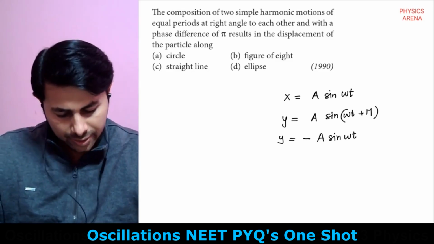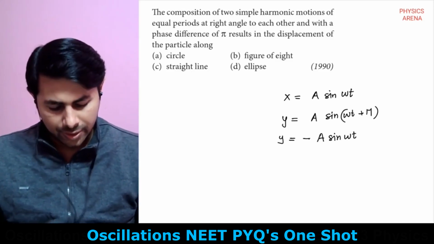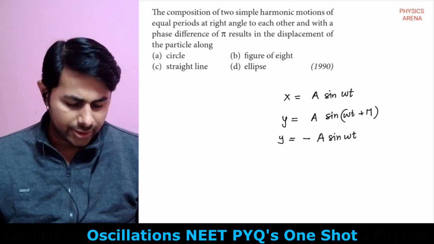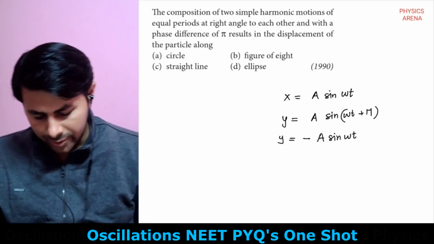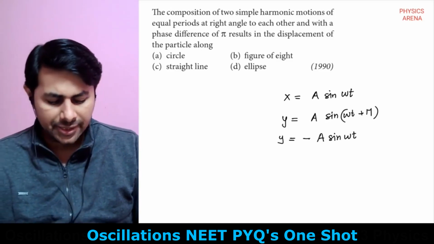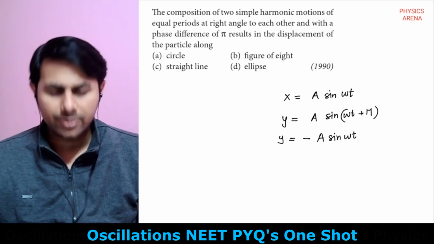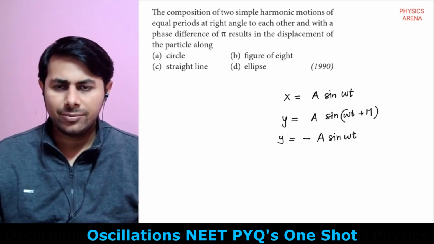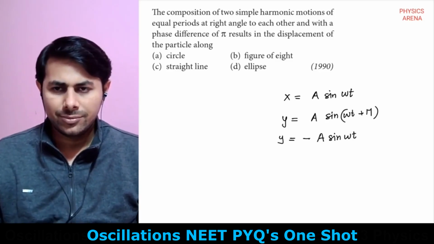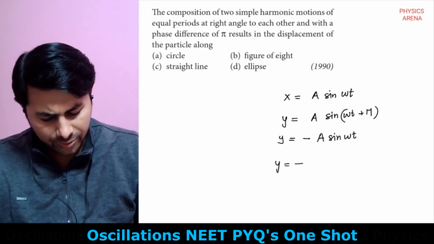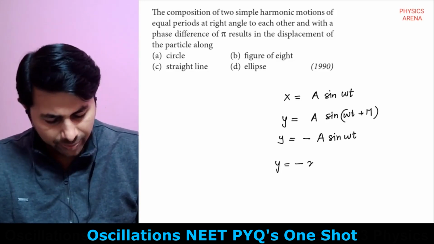Now see here, y is equal to minus a sine omega t, x is equal to a sine omega t. So what will be the relation between them? You can say y is equal to minus of x.